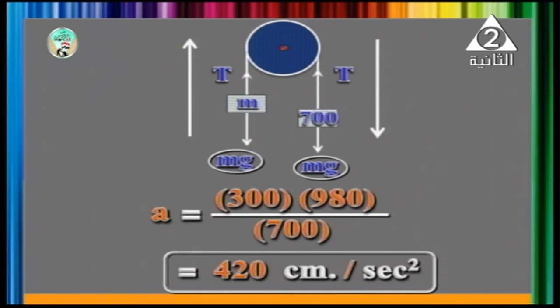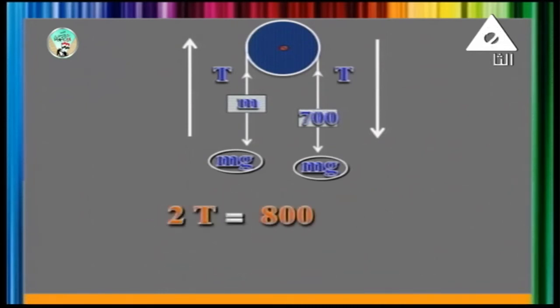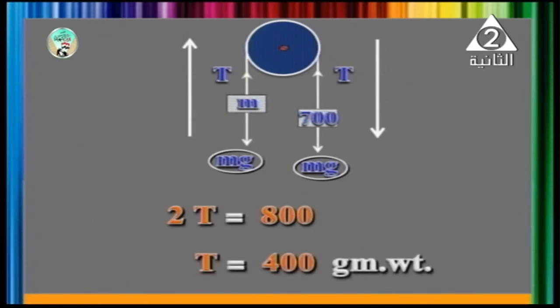My dear student, 2T equals what? 800. Then the tension of each is 400 gram weight.